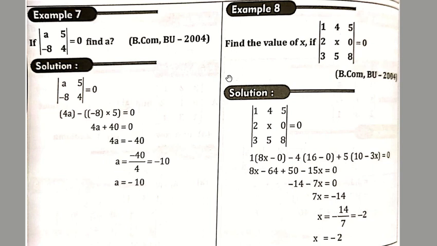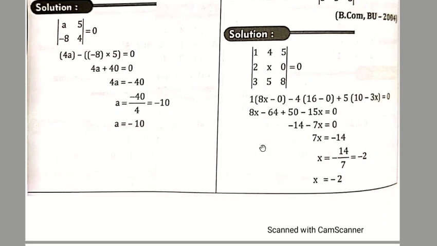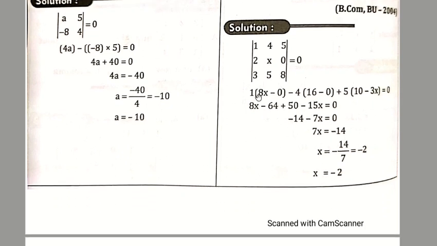So next question, find the value of x if they've given the matrix which is equal to 0. Now it is basically a 3 into 3 matrix. So it will be 1 into 8, 8 into x, 0 into 5, 0.